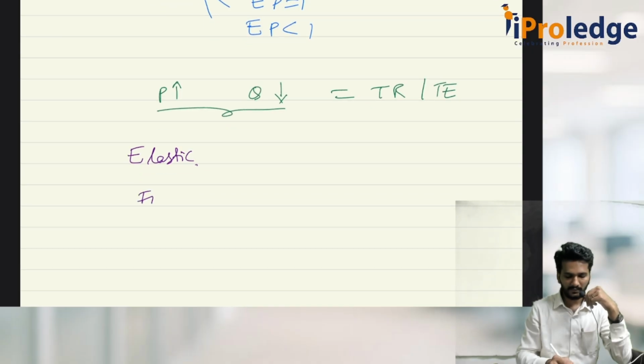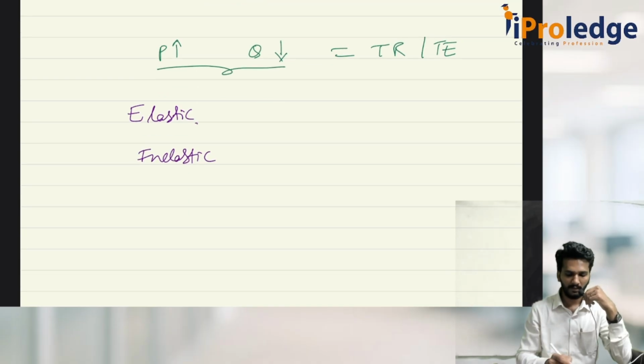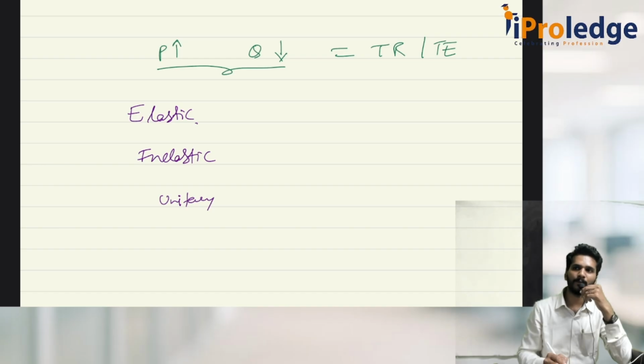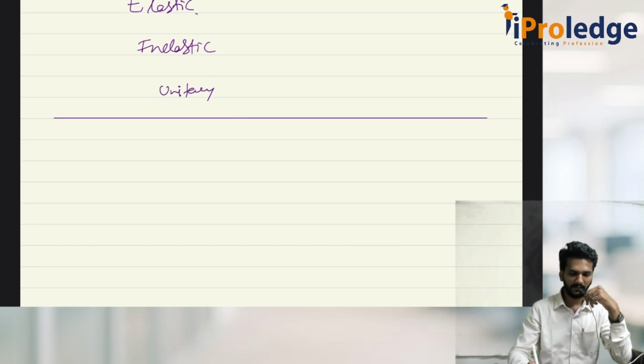It can be inelastic also. So what is inelastic? When the price changes too much, the quantity demanded is not responding too much. That is called inelastic demand. Or it can be unitary also. That means whatever the percentage the price is changing, the same percentage the quantity is also changing.